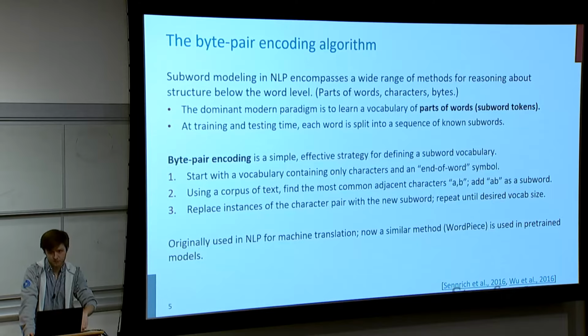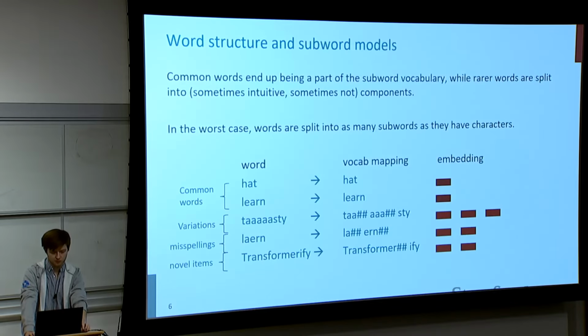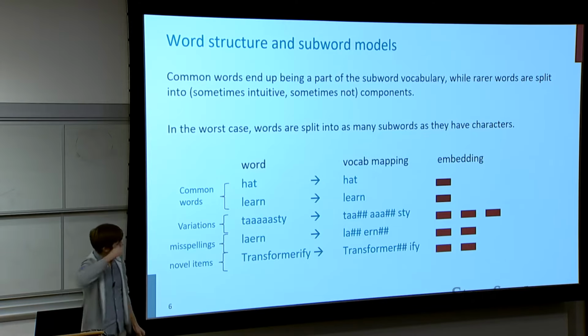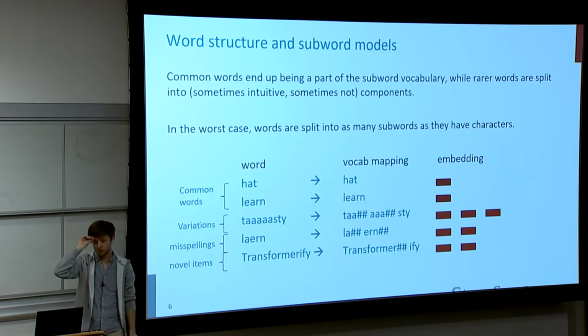I'm curious, how does it weigh the frequency? So let's say there's ify, or in your next slide it was if I at the very last one. So if could be really common. How does it weigh the frequency of a subword versus the length of it? It tries to split it into the smallest number, but what if it could split it into three, but one of them was super common?